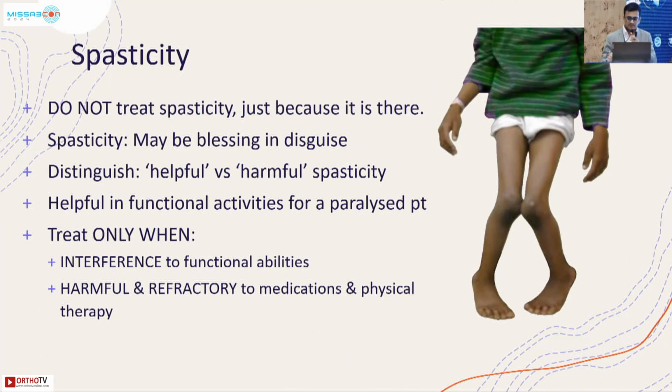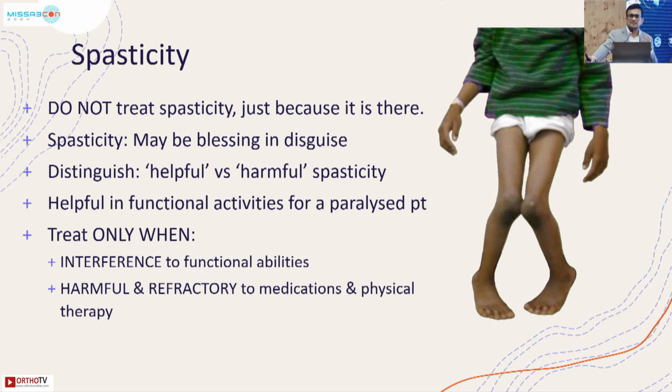Spasticity, as we all know, can be categorized into two types: one is helpful, the other is harmful. So one has to consider that whenever spasticity is present in a given patient, that doesn't mean it always needs to be treated. We have to distinguish between whether the spasticity is harmful or helpful.